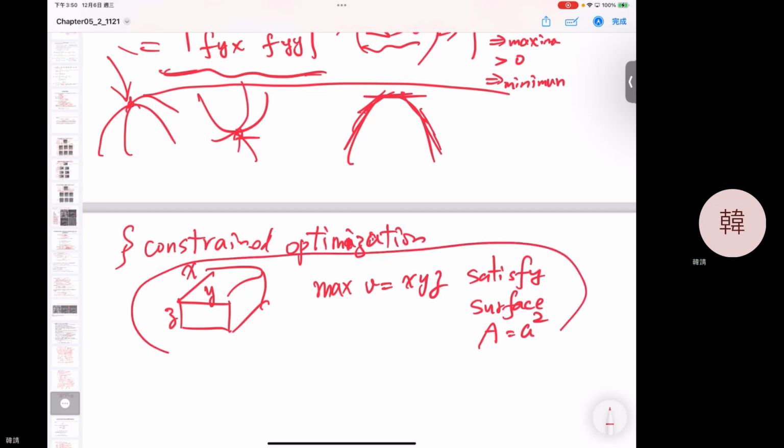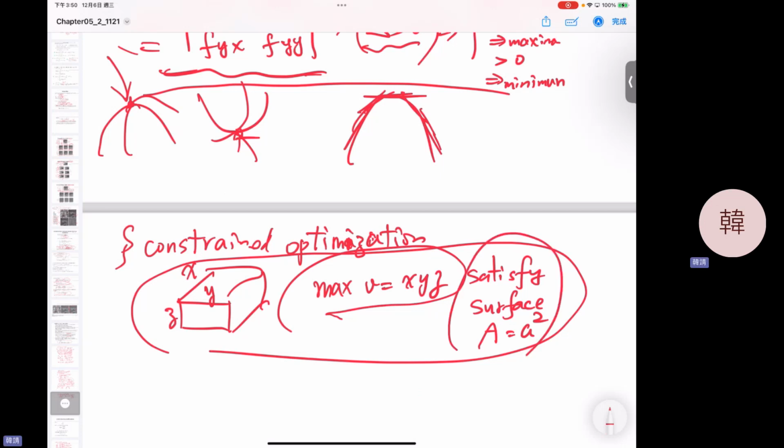So this is the constraint issue. I tell you there's a function, the volume of this box. The volume of the box can be calculated by the width, the length, and the height of the box. Please find the maximum volume that satisfies the condition.